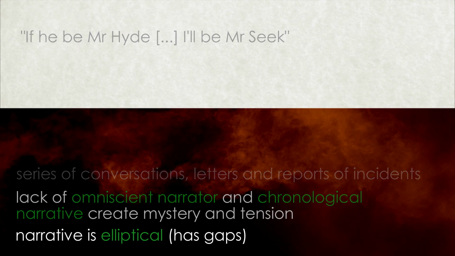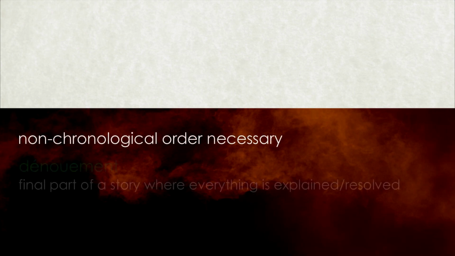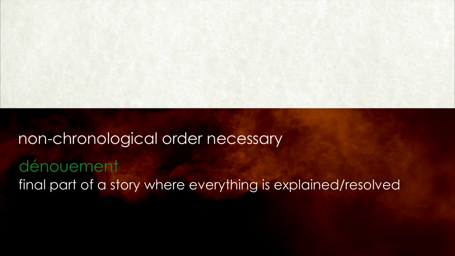Stevenson also needs to have the events written out of chronological order for the mystery to work. Dr. Lanyon's letter and Henry Jekyll's narrative are the denouement, or the final part where everything is explained or resolved. We need to read Dr. Lanyon's narrative after the death of Jekyll or Hyde, so that the incident regarding his own death is all the more shocking and mysterious.